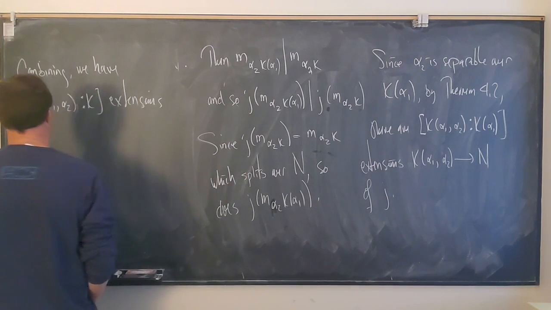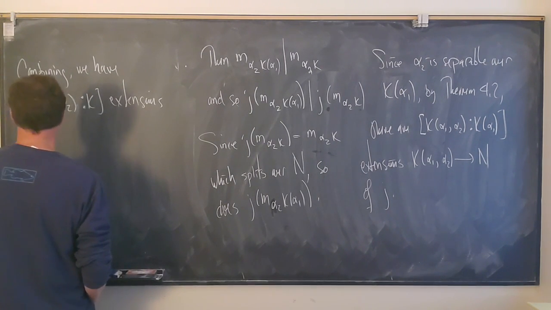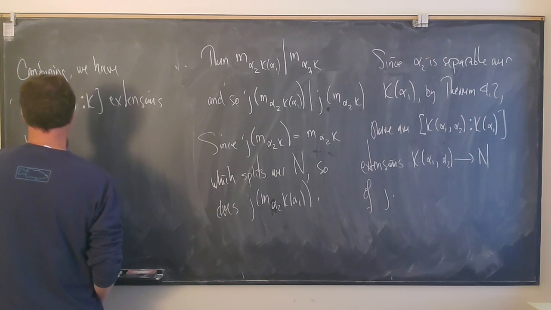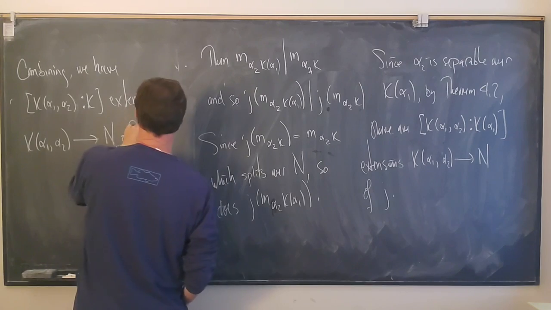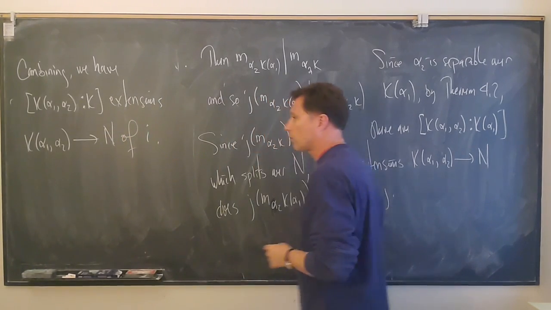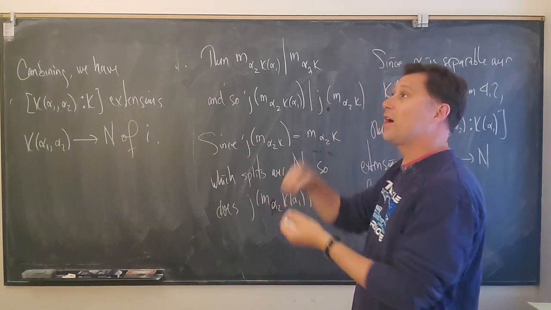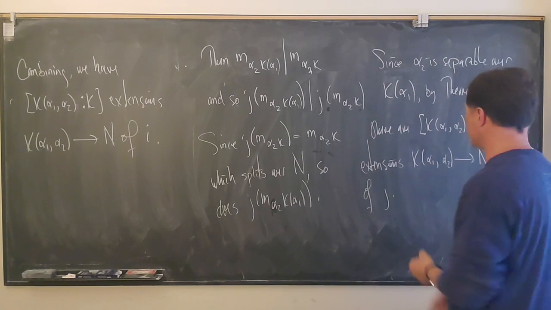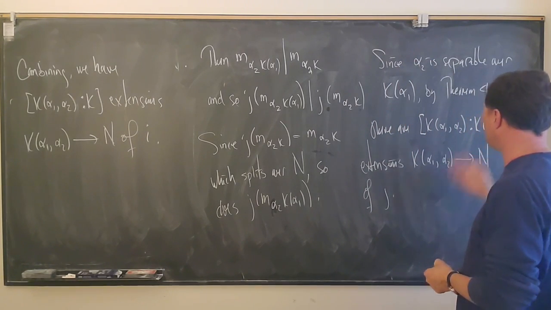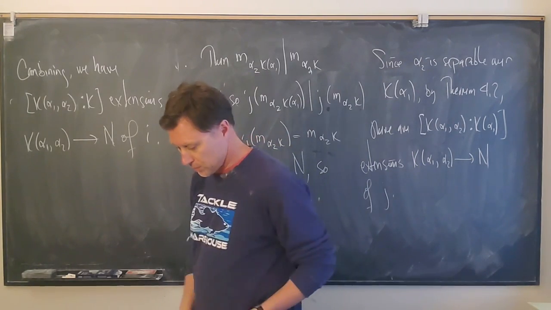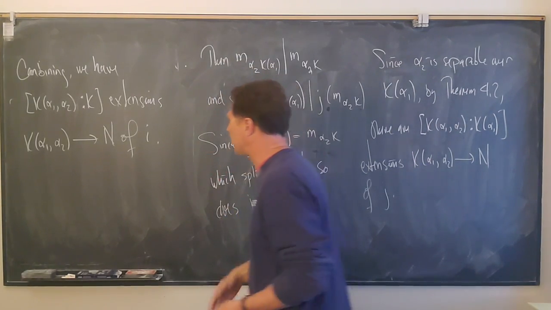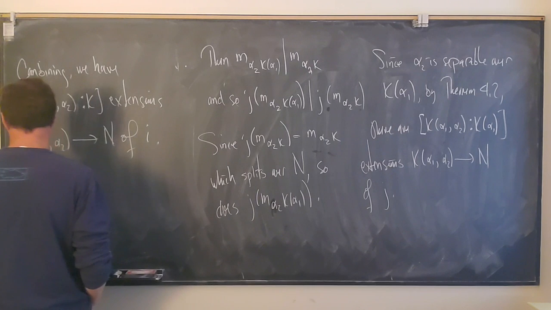So now we're going to be going from K adjoin alpha 1, alpha 2 into N of I. Right? For each of the extensions J of I, we get this many extensions of J. Multiply those, that gives us the number of extensions of I. And then we can keep repeating this process.